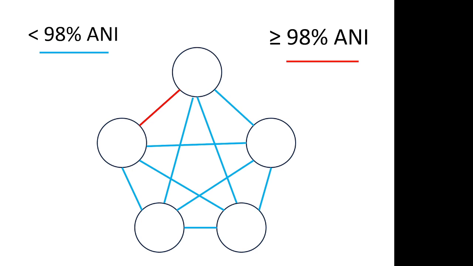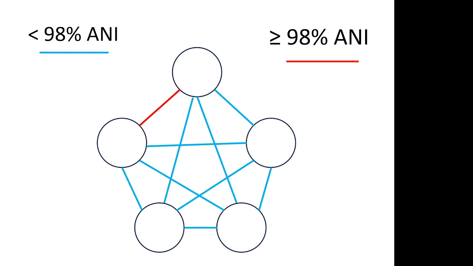And the blue edges connect 2 genomes that have less than 90% average nucleotide identity. And the red edges connect vertices or nodes that have at least 98% average nucleotide identity.